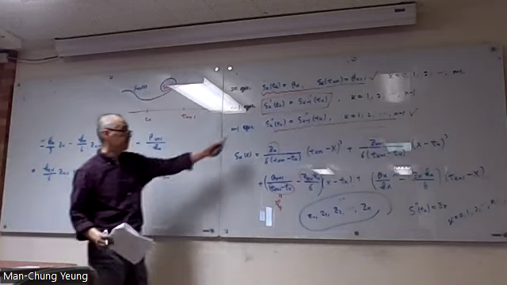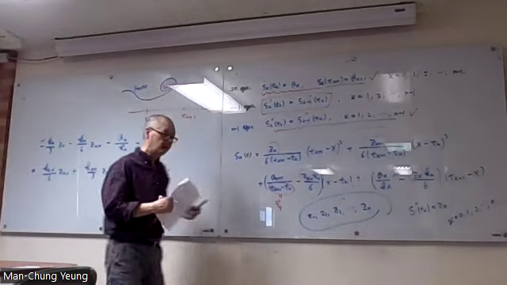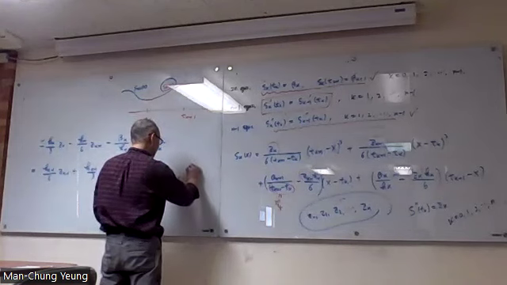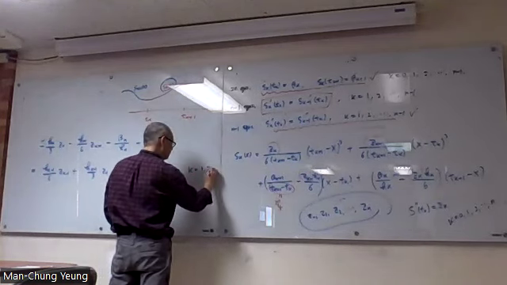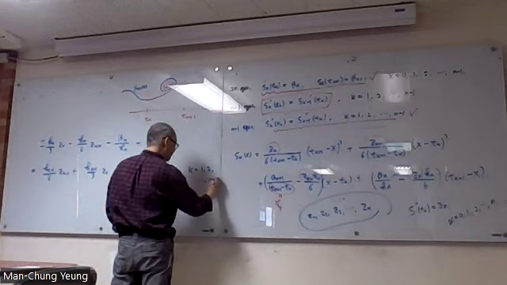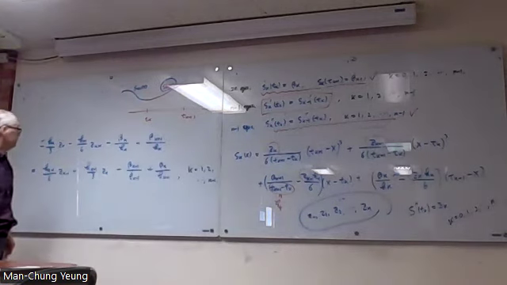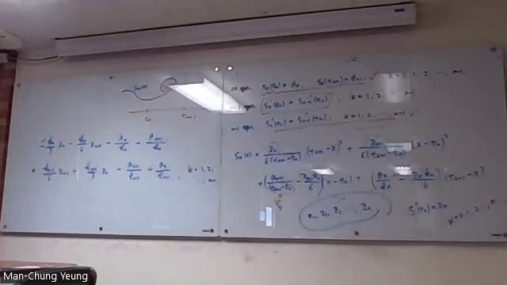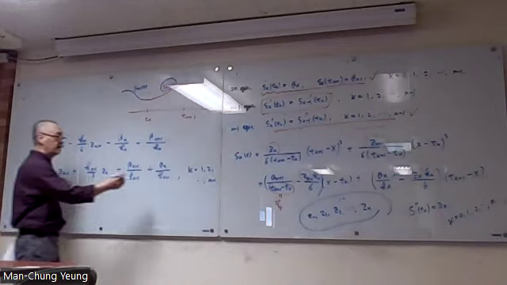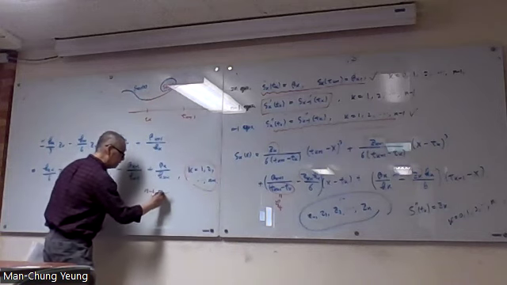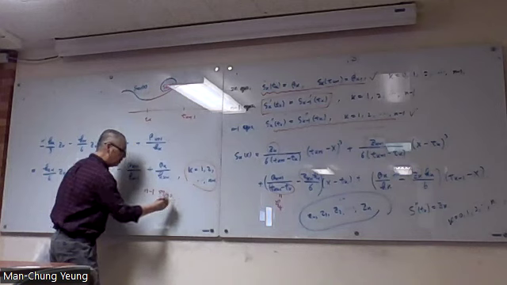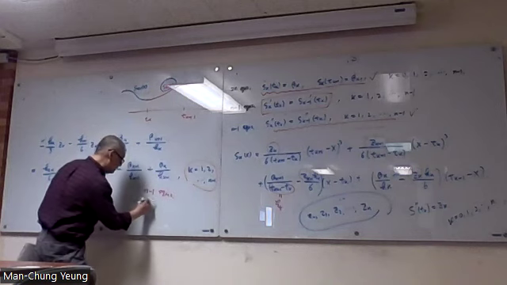Here, this equation. What is k? K goes from 1 to n minus 1. So we have n minus 1 equations. How many unknowns?